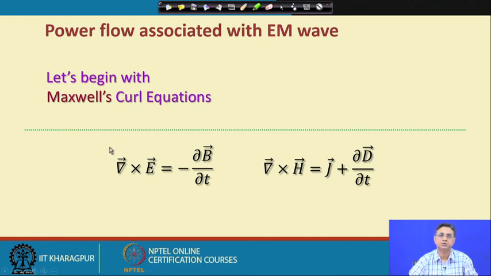We have these two famous curl equations, that del cross E equal to minus del B del t, and del cross H equal to J plus del D del t, where B is the magnetic field and D is the displacement current, J is the conduction current.